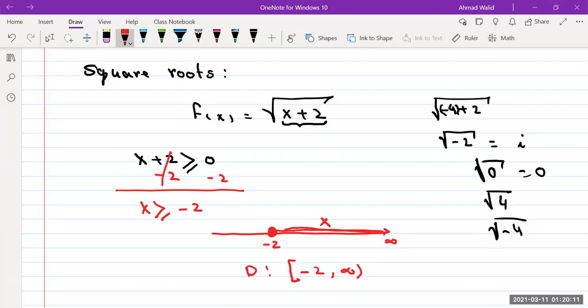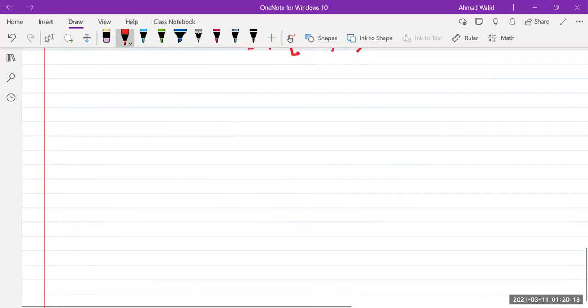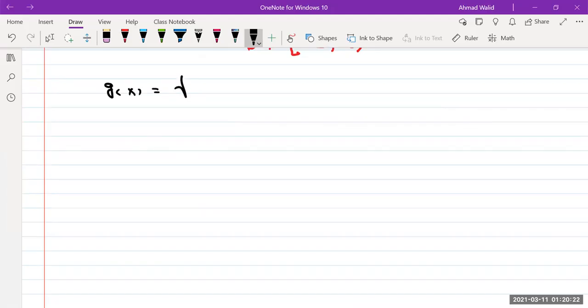Let me do one more example for you. G of x equals square root of 2x, let's say, minus 6. Find the domain.